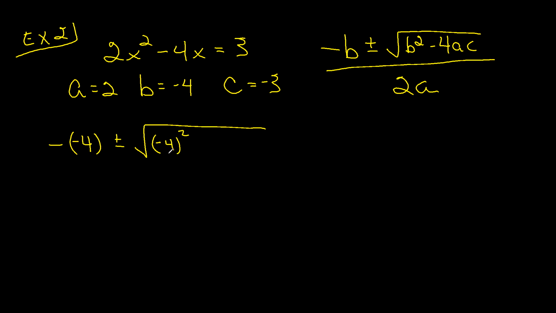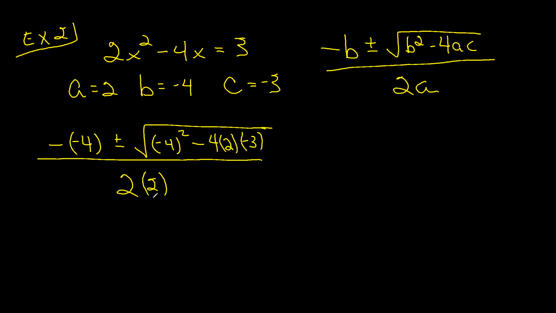I just throw that out at you, but we're just plugging in right now. Negative 4 squared, and then that's going to be minus 4 times a, which is 2, times c, which is negative 3. Okay? And that's all over 2 times 2.